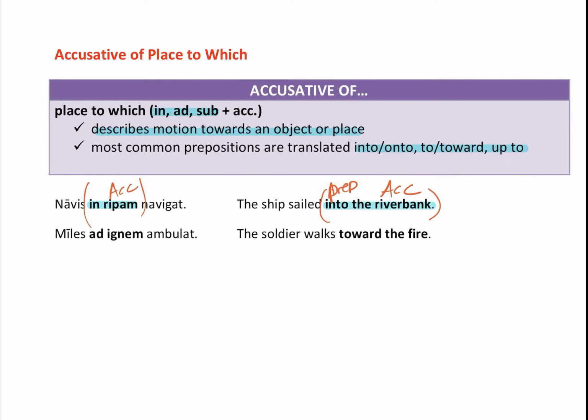And miles ad ignem ambulat. The soldier walks toward the fire. Again, where is he going? Toward the fire. So we have the D faces the A. Remember, toward. We have the preposition, followed by the noun in the accusative. That's it. Break it down, little steps. You've got a reference for the rules, and I think you've got it from here.